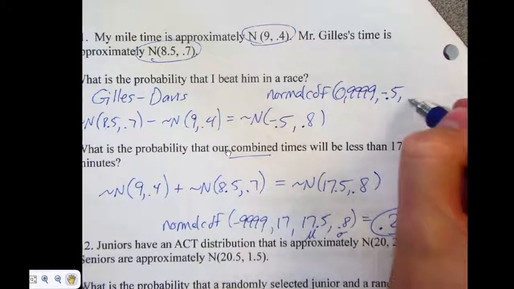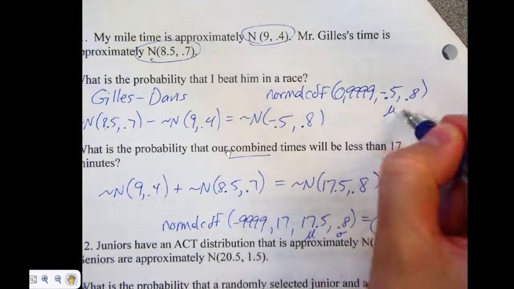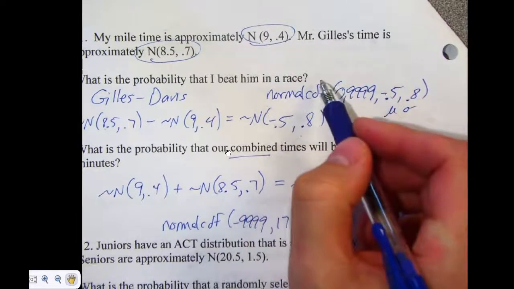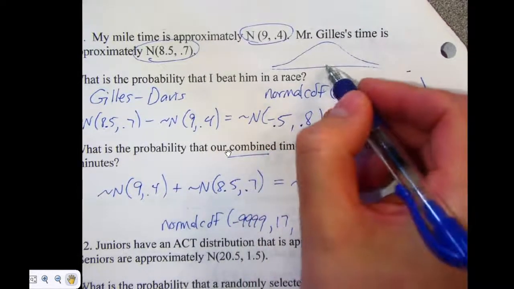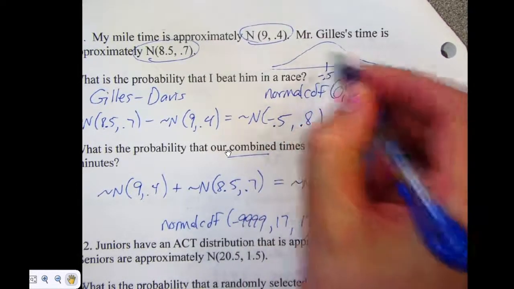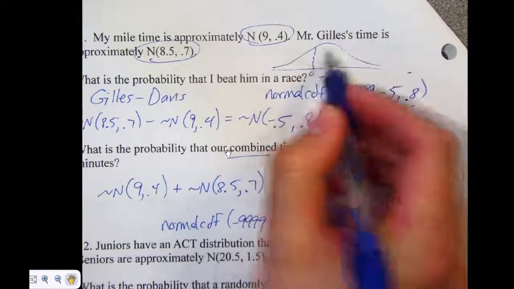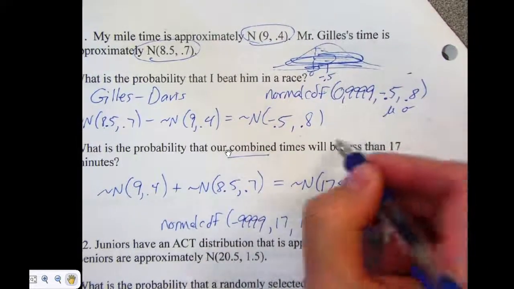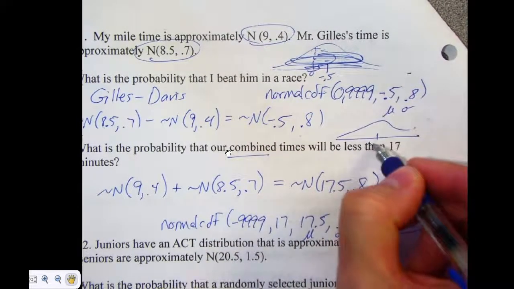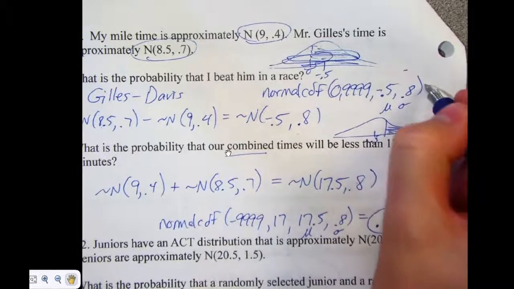What's the standard deviation? 0.8. So you've got this distribution where the middle is negative 0.5, and I'm looking for this part. So it's got to be more than, wait, no, 0's on the other side. So it's got to be less than half.